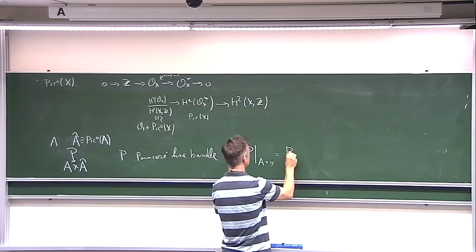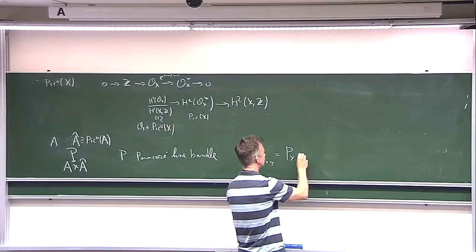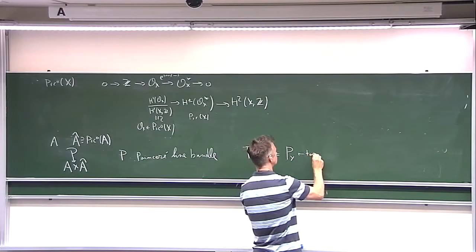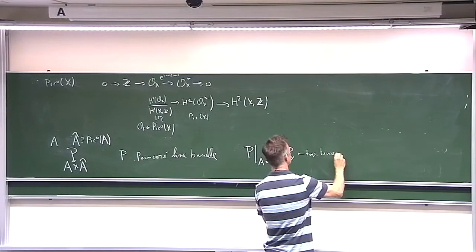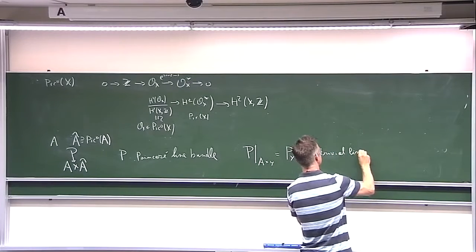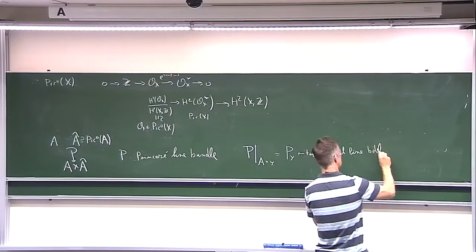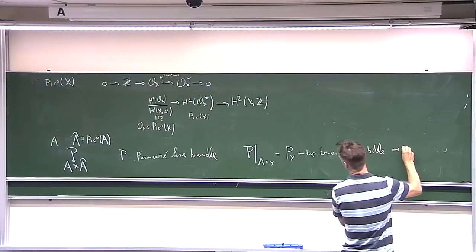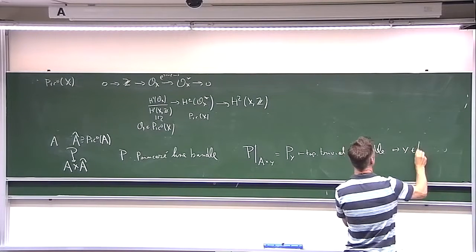I'll denote it as P sub y. This is the topologically trivial line bundle corresponding to the point y in A hat.